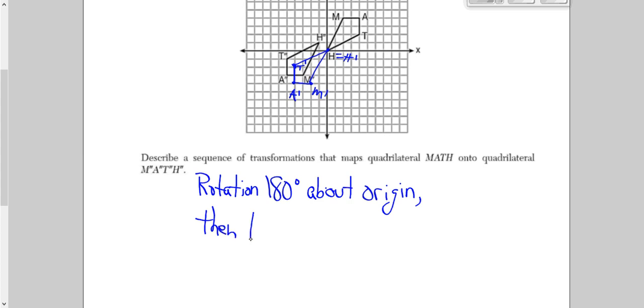You said it was a translation. Left 1, up 1. Notice I didn't use the notation for that, right? You can do either way. I wrote it out so you can see the difference. So that's acceptable, right? Or if you did the notation correctly, that's also acceptable, right? So just know both, okay?